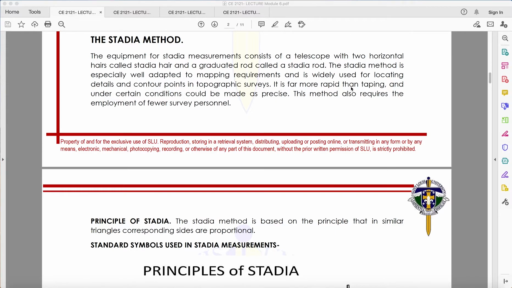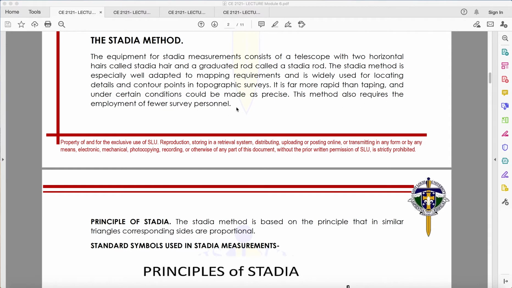It is far more rapid than taping, and under certain control conditions could be made as precise. This method also requires the employment of fewer survey personnel.